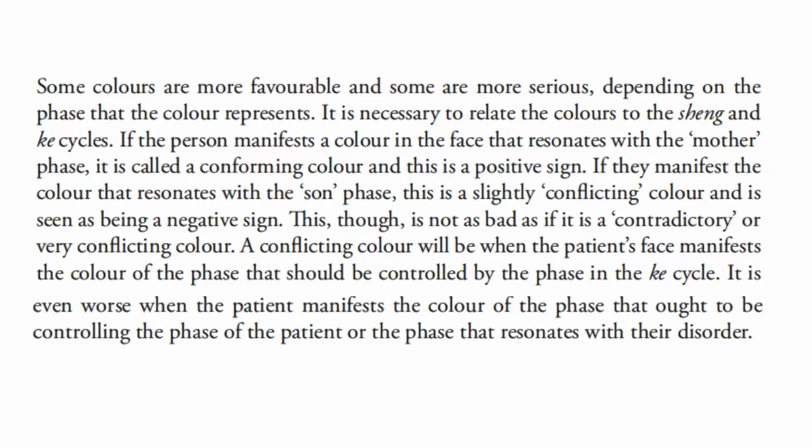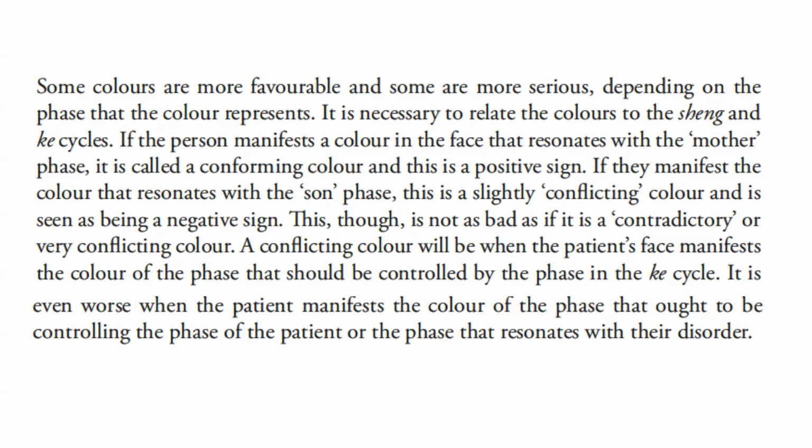Some colors are more favorable and some are more serious, depending on the phase that the color represents. It is necessary to relate the colors to the Sheng and Ko cycles.